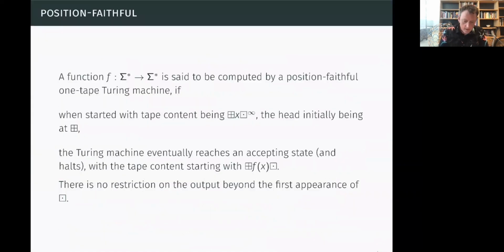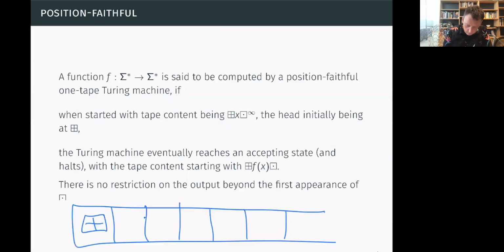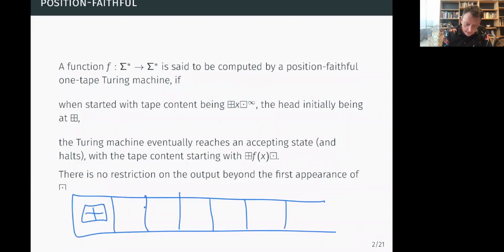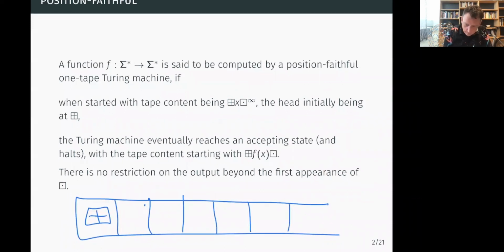We call a function computed by a Turing machine position-faithful one-tape computable if the following is true. When you start the computation, as we said before, so maybe x1, x2, x3, x4, and then blank, blank, blank.